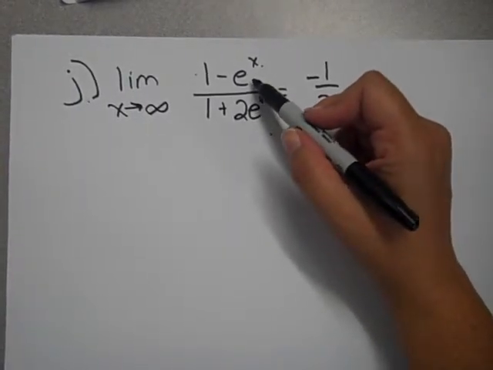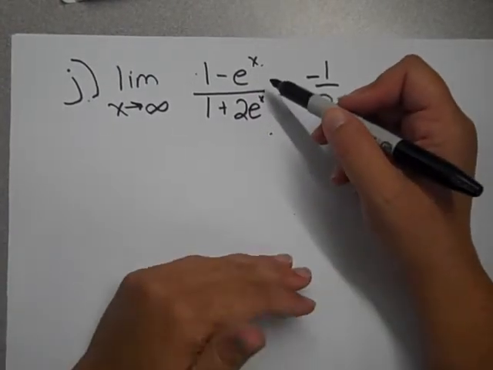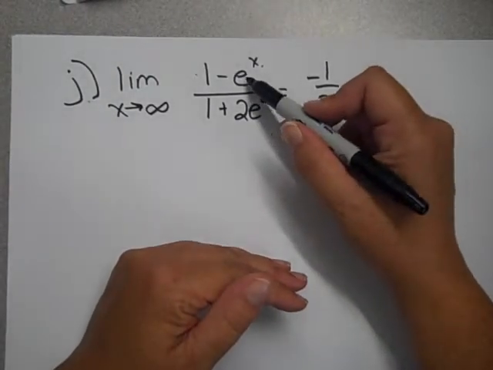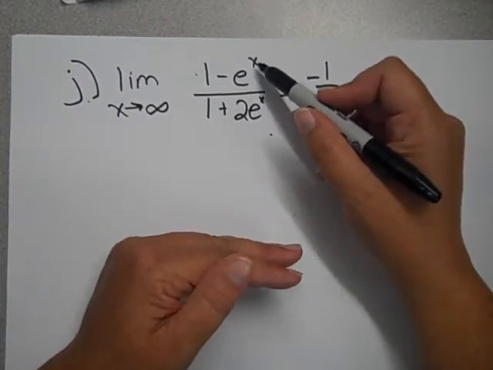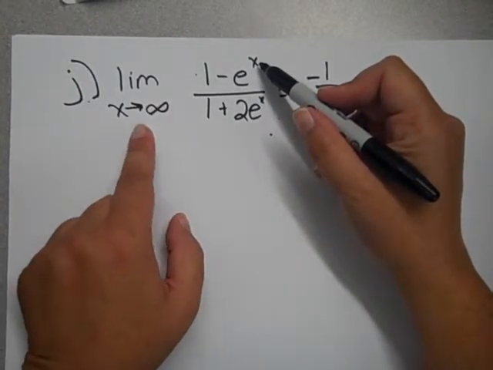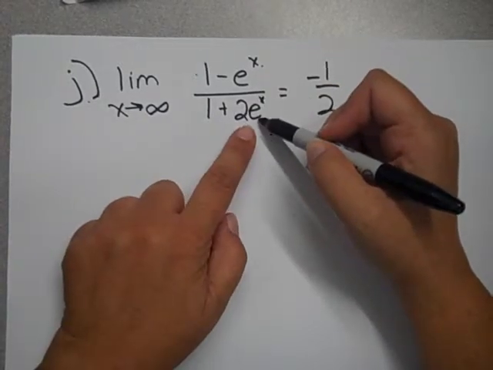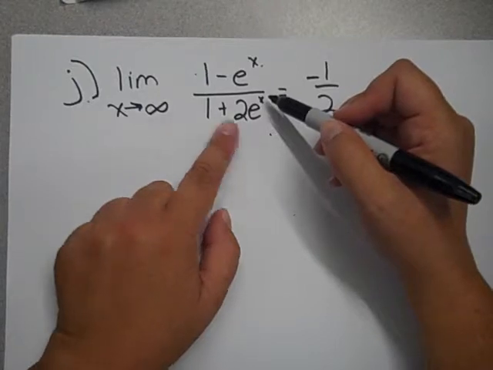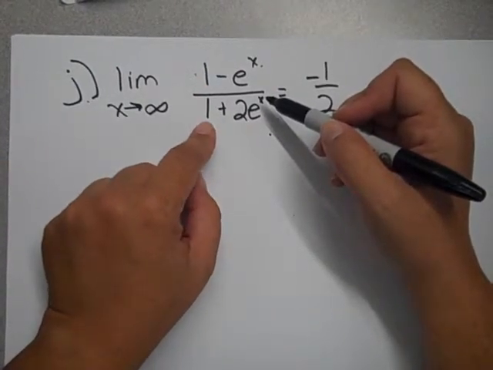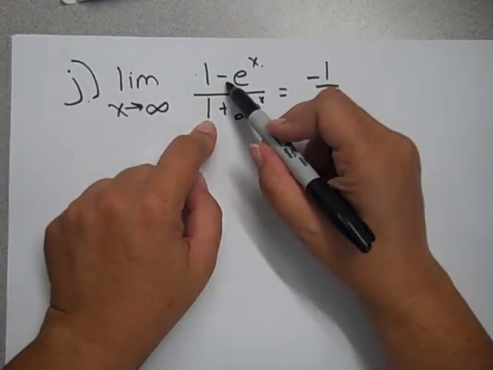You don't have to worry too much when you see an e in a limit problem, because e is just a number, just like pi is just a number. So we're taking some number and raising it to a big, big power. And we're taking the number in the denominator and raising it to a really big power. So these ones end up not mattering so much except for the sign.